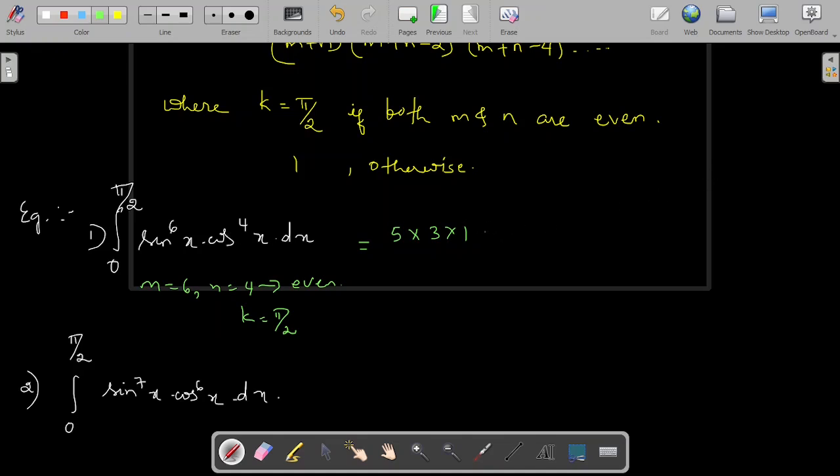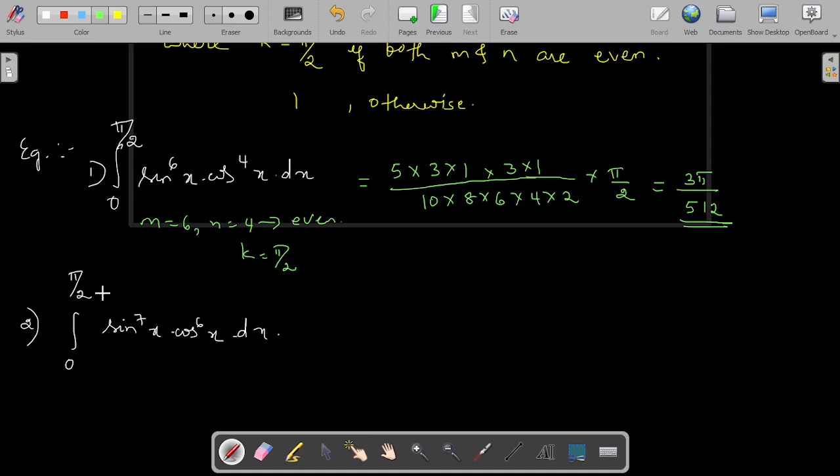Into, here n is 4, 4 minus 1, that is 3 into 1, divided by the denominator m plus n, 6 plus 4 is 10, into subtract 2 from 10, 8, then 6, then 4, then 2, into pi by 2. So this finally gives you the answer 3 pi by 512. This is the value of the integral.